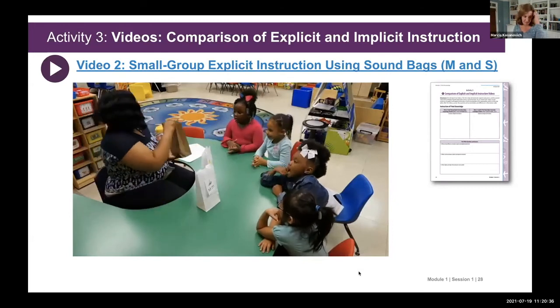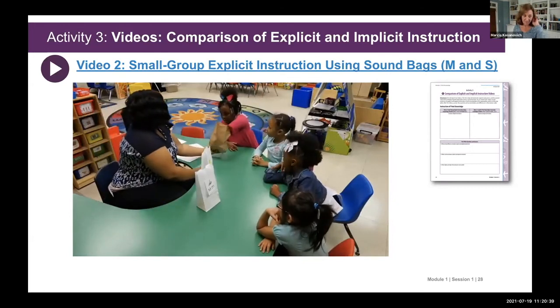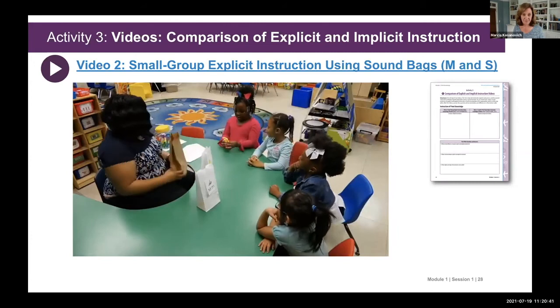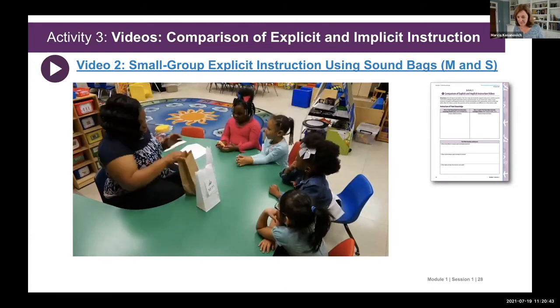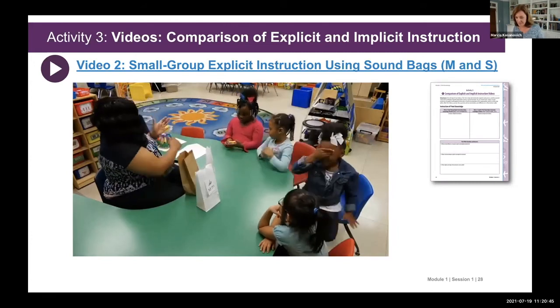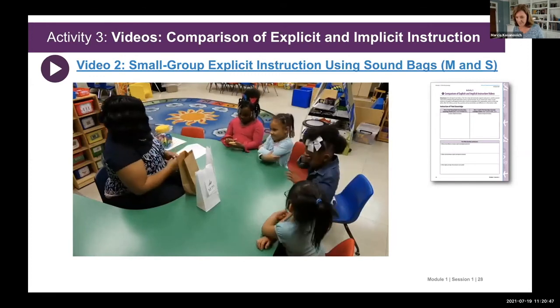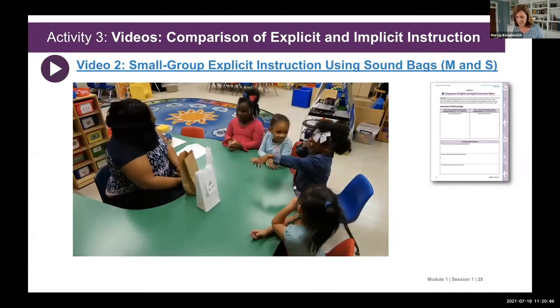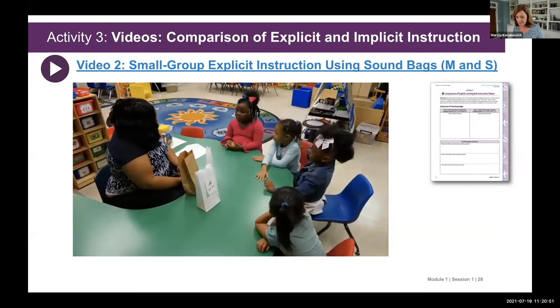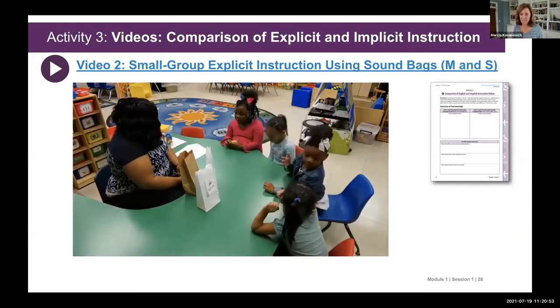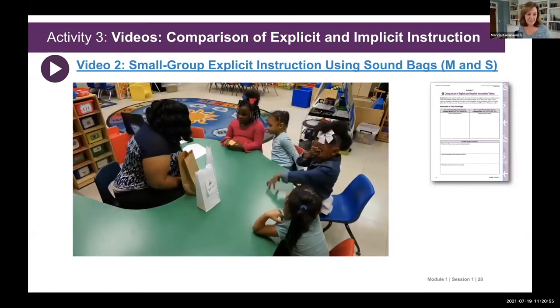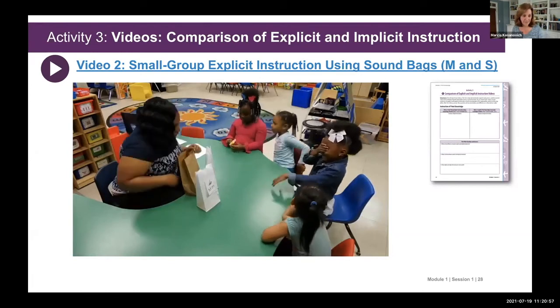Alright, Kennedy, put your hand in there, pick your letter out. What letter did you pick? M. Can you trace it with your finger? Say M. Now, Kennedy, is that a lowercase m or an uppercase M? How do you know that's a lowercase m? What's different?